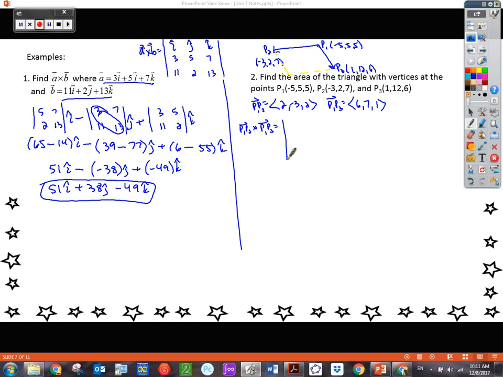Okay, so let's cross those. So we have i, j, and k. So let's write down the components of P1, P2. That would be 2, negative 3, 2, and 6, 7, 1. All right, so let's split that into 3 2x2s. Are we getting a bit more comfortable with this, I'm hoping? So let's go ahead and split that up.